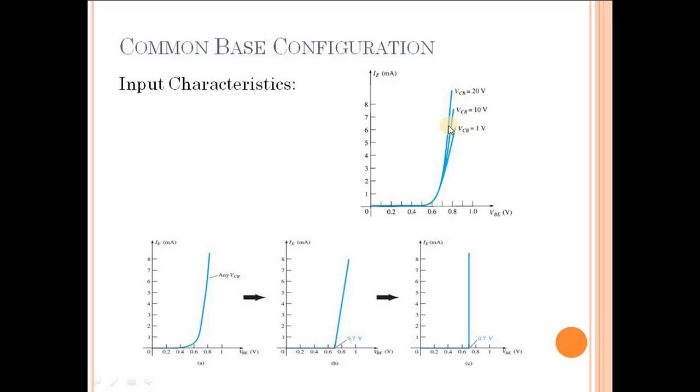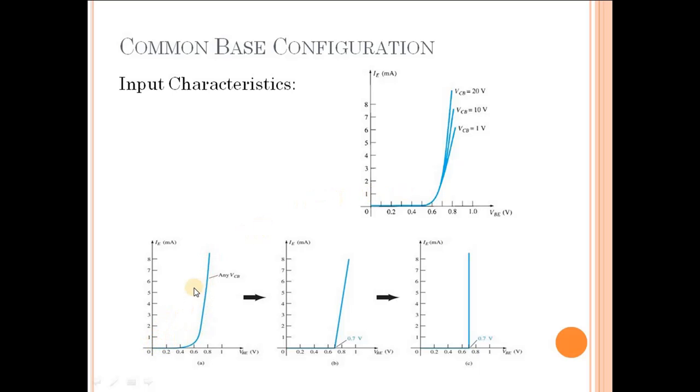For approximation, to make things simpler, we say the difference due to variation in VCB is so small that we can ignore it. So for any VCB, IE varying with VBE is almost similar, and we represent the entire thing with a single curve.